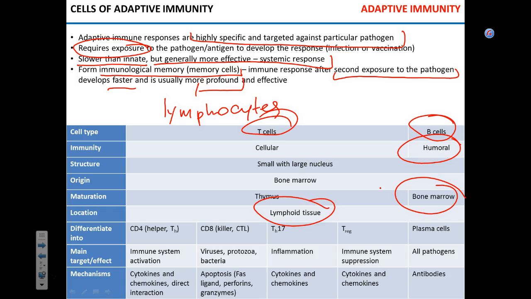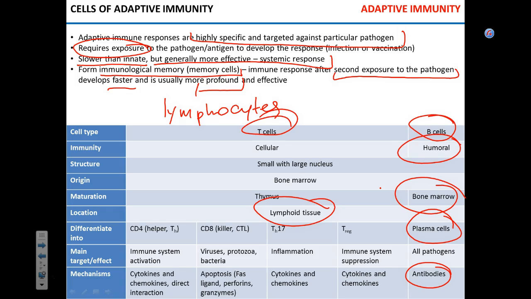So that flow of pathogens through the lymphatic system exposes them to B cells. And B cells, when they're exposed, differentiate. They become plasma cells. And these plasma cells produce antibodies. We're going to review that process in more detail. It's an overview. Does that make sense?